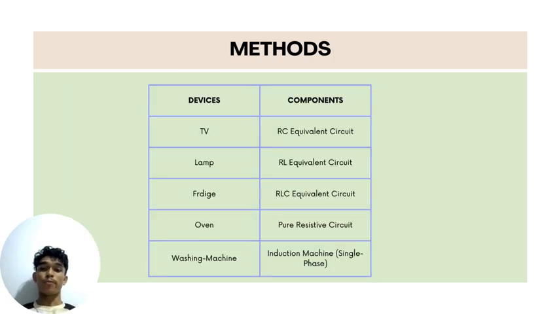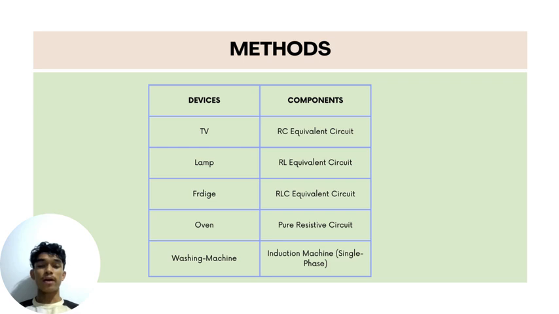Also, when we go deeply into the devices, we can see there are components in each device which are related to our project. As we can see here, the TV has an RC equivalent circuit, which in one circuit has a resistor and also a capacitor.